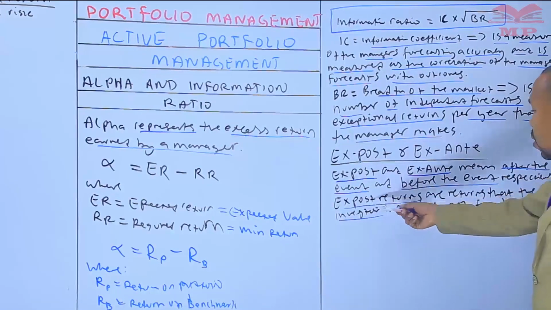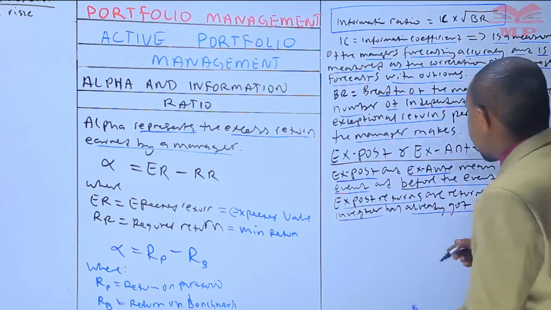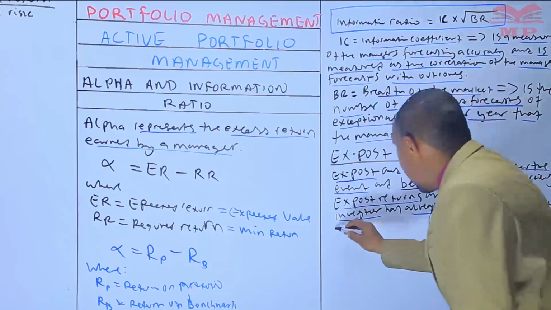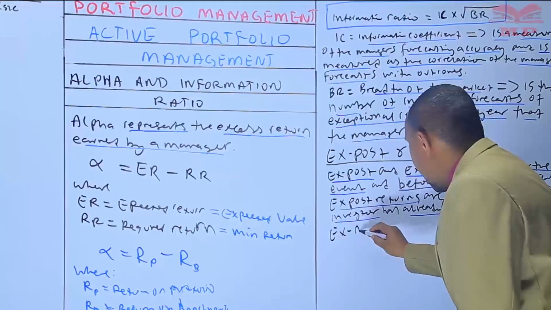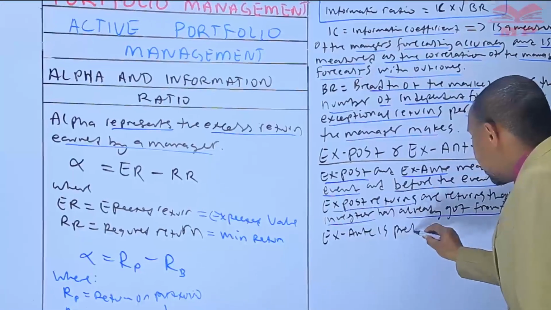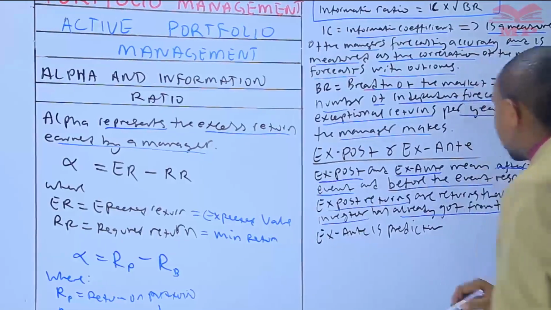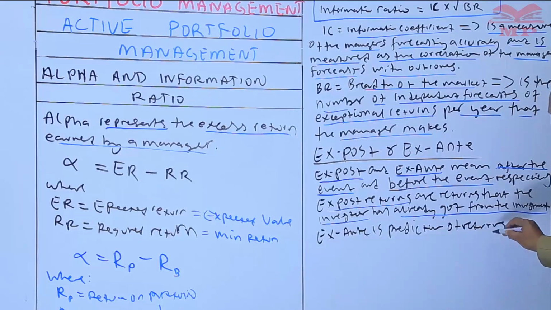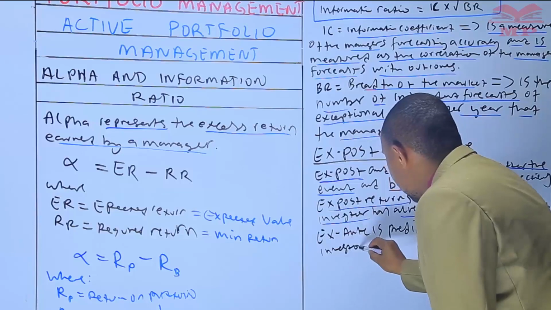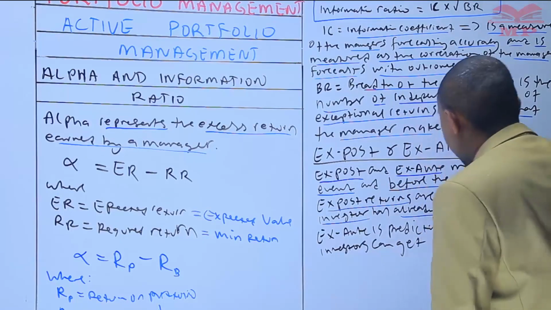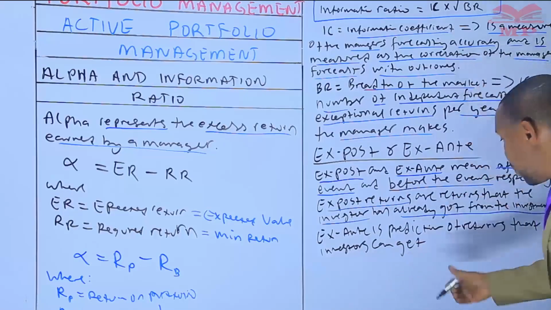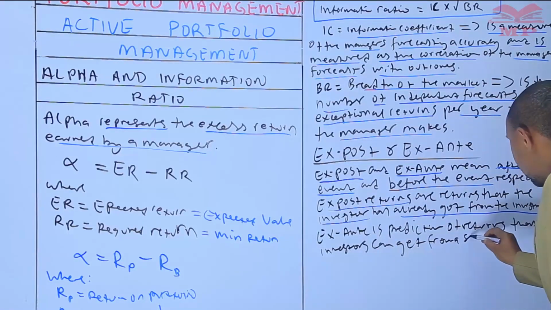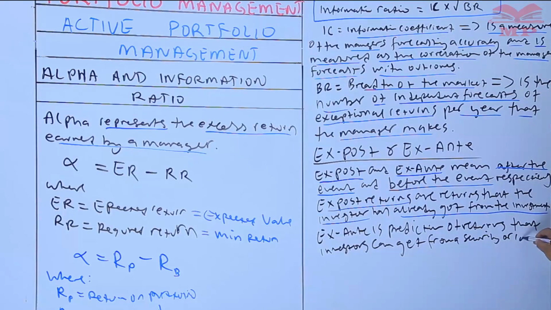So ex ante is prediction. Ex ante is prediction of returns that investors can get from a security or a company.